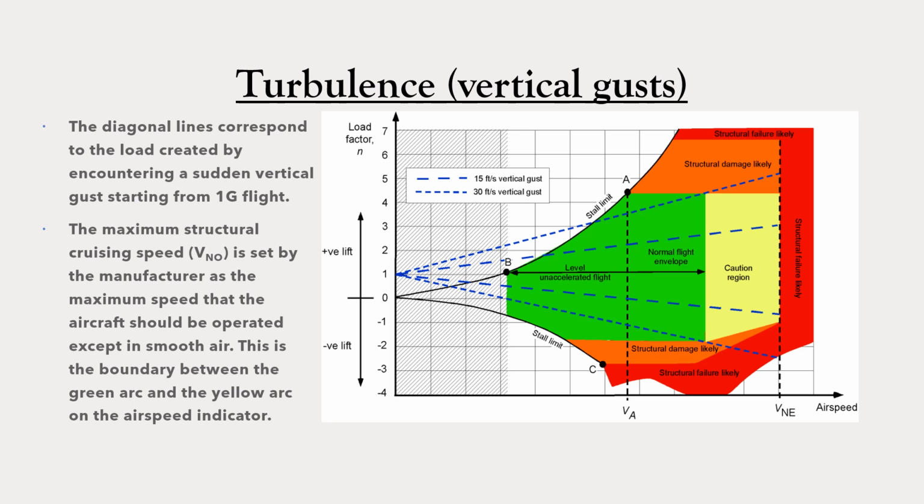That speed is shown as the boundary between the green arc and the yellow arc on your airspeed indicator. A factor that manufacturers often use to set this limit is to make sure that a vertical gust up to a certain level will not cause structural failure.